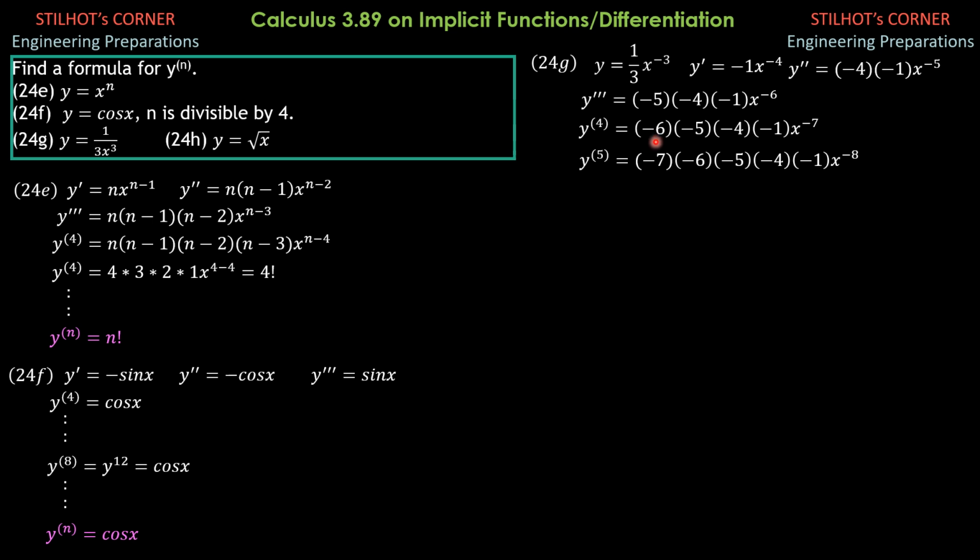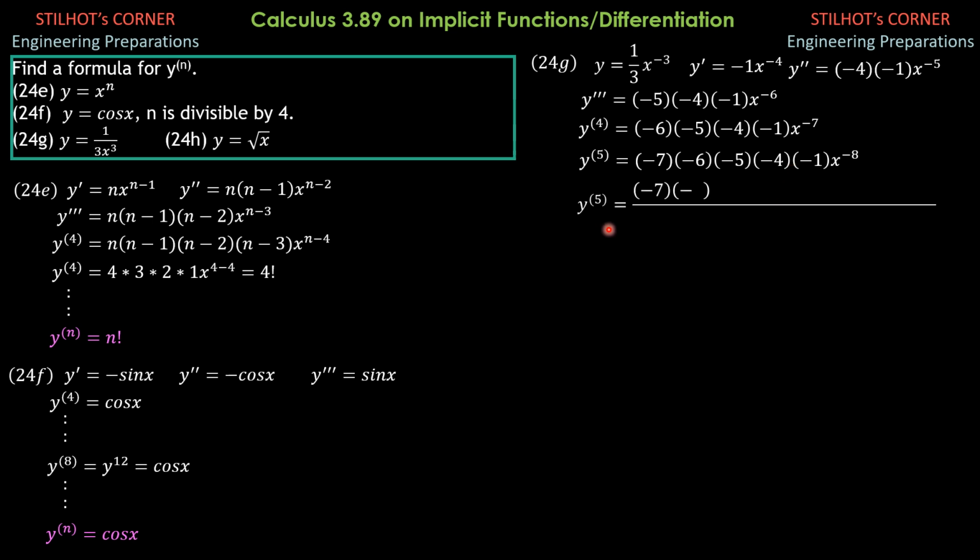So if n is even, like here, the sign of the coefficient should be positive. And if n is odd, negative 1 raised to 5, for example, is negative 1, and we checked here that it's also negative. So we insert negative 3 and negative 2.